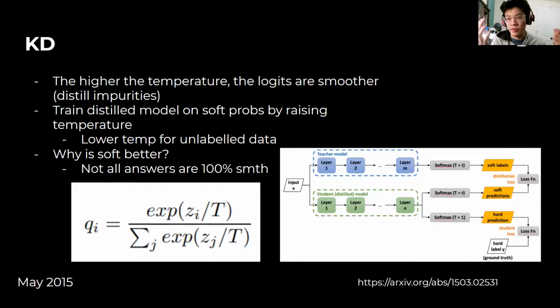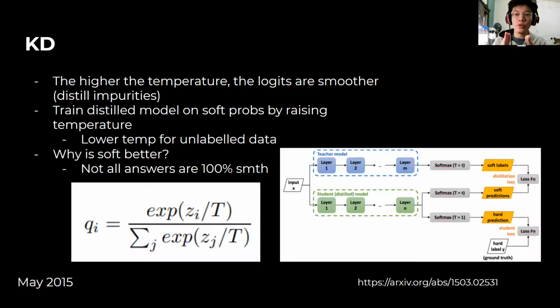You might be wondering why we use this soft or smooth labeling. Well, that's because when you think about classification, not all things are 100% something. When you think about cat and dog classification, a dog is 100% dog if you think about the biology, but when you look at the image of the dog, both dogs and cats can have sharp ears, and you can somewhat say that if a dog has sharp ears, then it kind of looks like a cat.